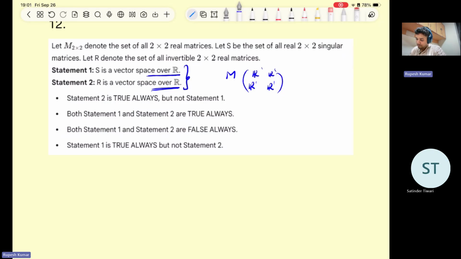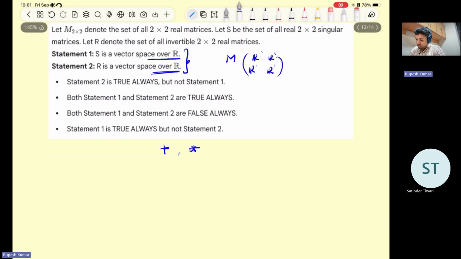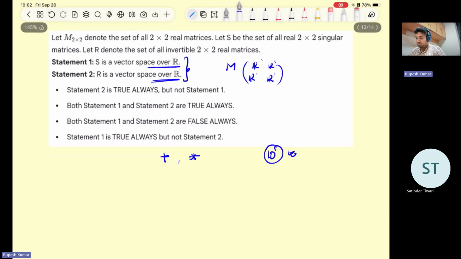We are defining some operations over these structures, and the operations are plus and scalar product. If all the 10 properties that we have seen are satisfied, then they form a vector space.